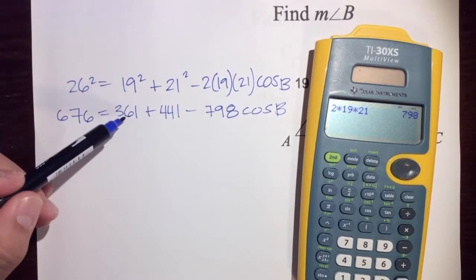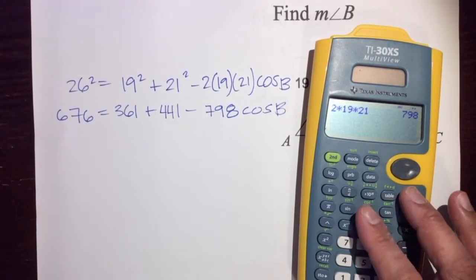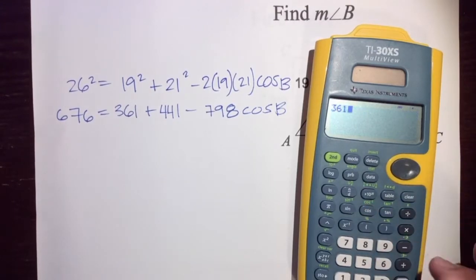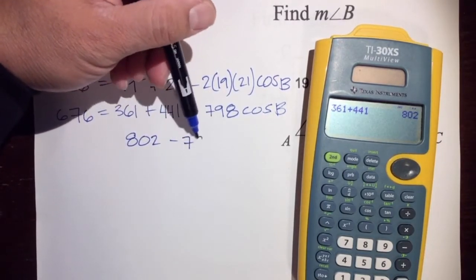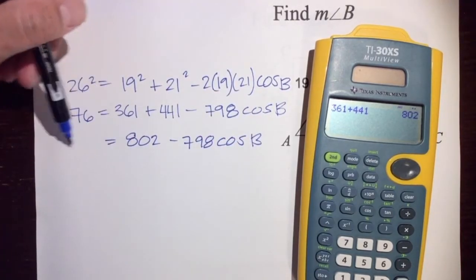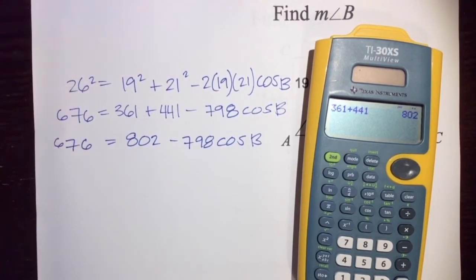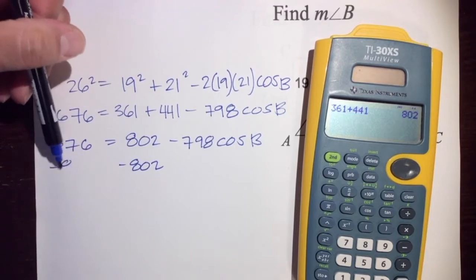All right, now let's combine these terms before subtracting them to the other side. Okay, so 361 plus 441 is 802 minus 798 cosine of b is equal to 676. Okay, and then we're going to subtract this 802 from both sides.